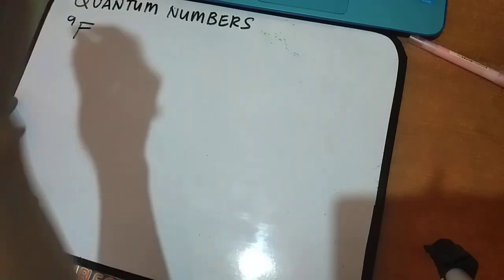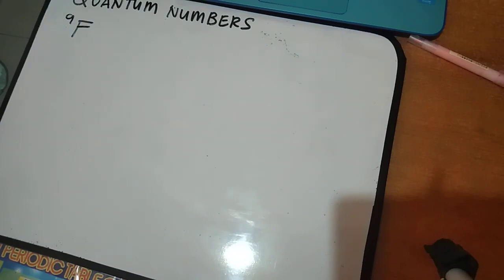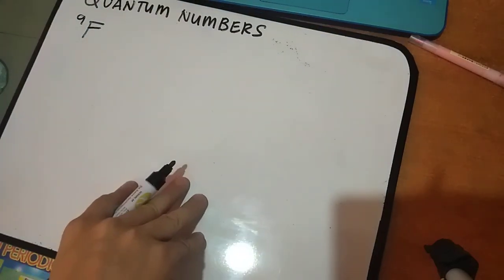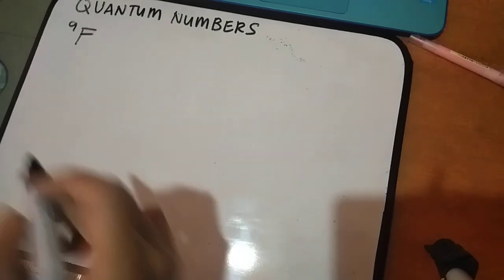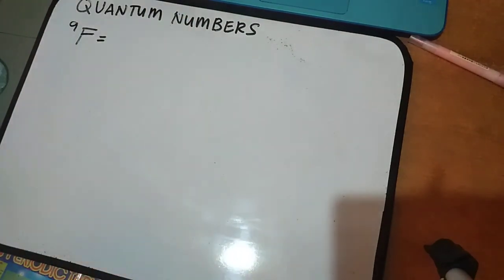Fluorine has an atomic number of 9. So, gawin muna natin yung electron configuration. Kasi hindi ka makakagawa ng quantum numbers kung hindi natin ginawa yung electron configuration.